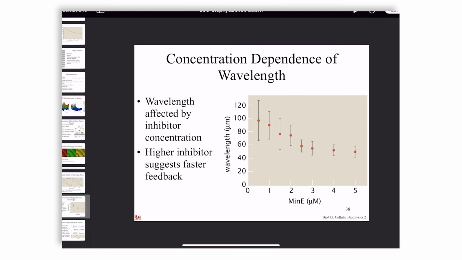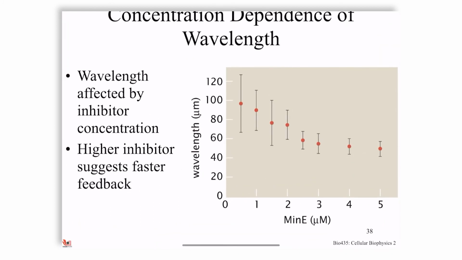And 50 micrometers corresponds to one of the lower concentrations of MinE. I'm sorry, the highest concentrations of MinE, and this would suggest that in fact, as MinE becomes more prevalent, the higher inhibitor produces a faster negative feedback into the system, removing any MinD that is present, making it more rapidly oscillating in space and time.